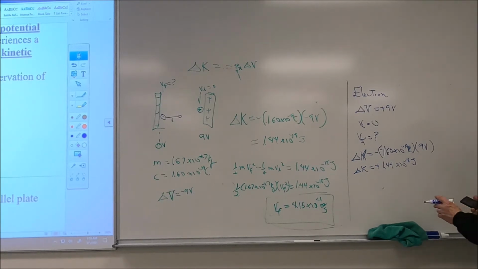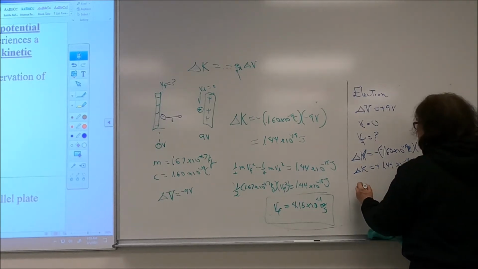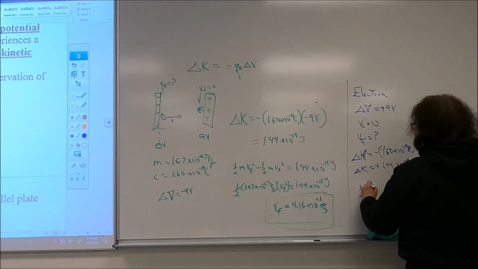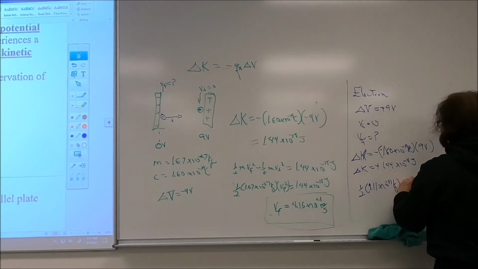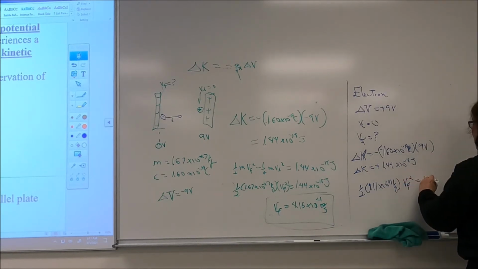Notice it's the same change in kinetic energy. And I'm going to go 1/2 times the mass of the electron, which is 9.11 times 10 to the minus 31 kilograms, times v final squared is equal to 1.44 times 10 to the minus 18 joules.